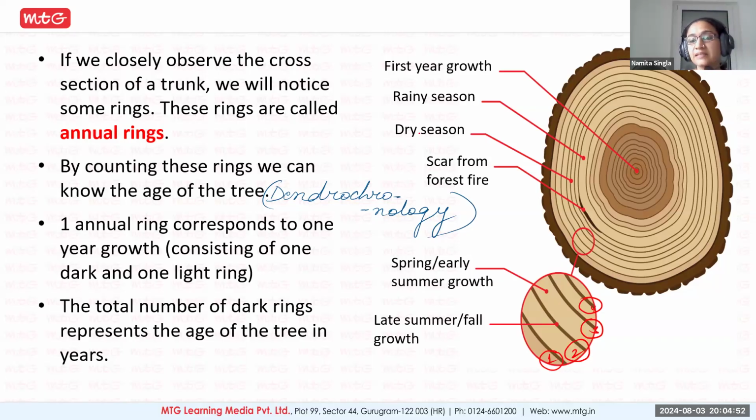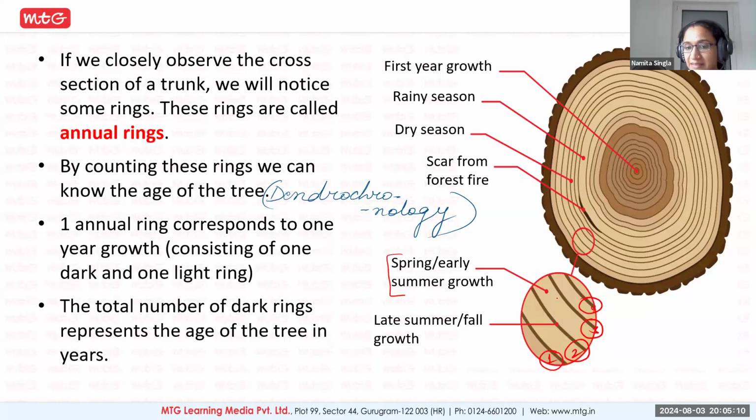Now, how are these rings formed? These are formed in different seasons depending upon what kind of growth occurs in a tree. See, when the spring season is there, spring season means that season in which growth of a plant is the maximum, early summer or the spring season.